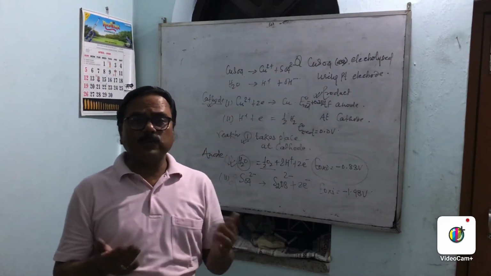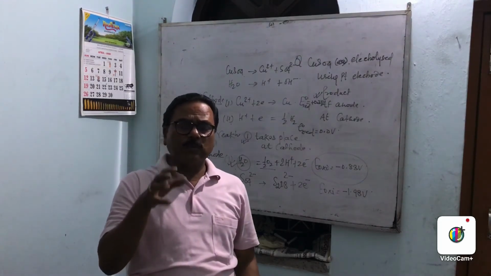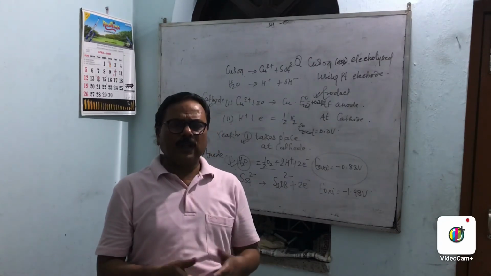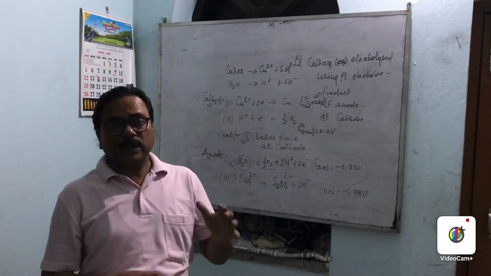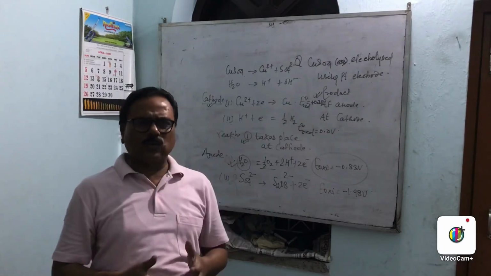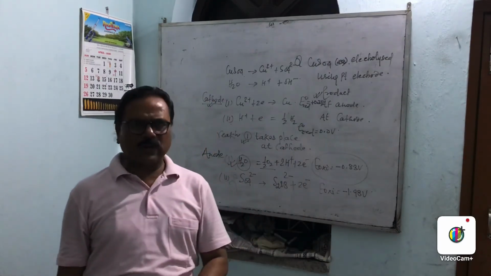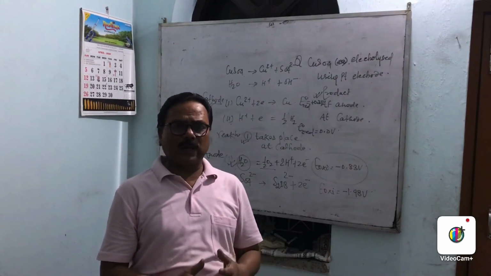Another cell is the fuel cell, the cell used in the Apollo program to convert the chemical energy of fuel directly into electrical energy, where the fuel is hydrogen and oxygen. So write the electrode reactions, that is, the anode reaction and the cathode reaction. And what are the advantages? That is very, very important.